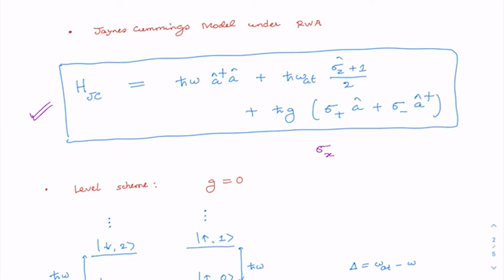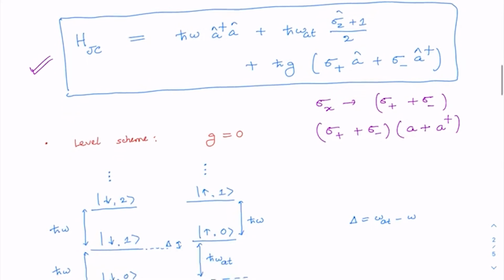As we explained earlier, if we break it up into the raising atomic operator and the lowering atomic operator, and multiply with a plus a dagger, four terms should be there. Then out of these four terms, we are going to keep only two terms because of physical reasons, as I explained in the previous class.